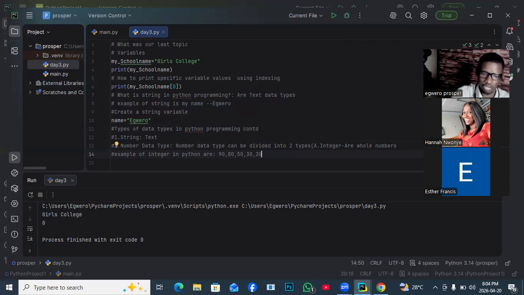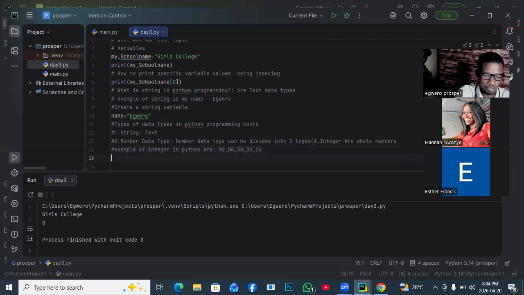Okay, so let's look at the second example of number data type. The second example, which is B, is float numbers.